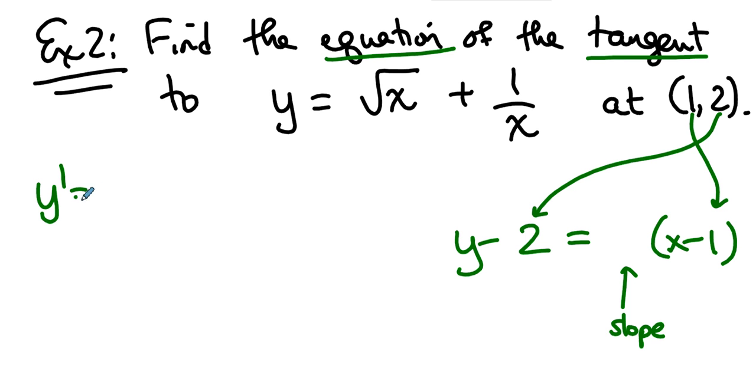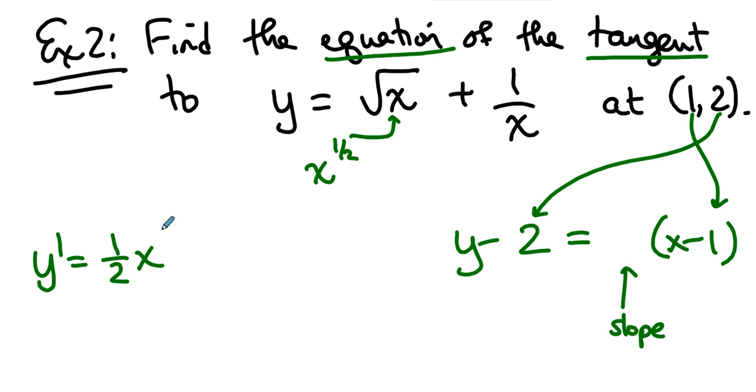What's the derivative? Well, that's tricky, isn't it? How do we write this in a way that we can use the power rule? Well, the square root is the 1/2 power. So the derivative of x to the 1/2 power is n x to the n minus 1, plus the derivative of this other thing.